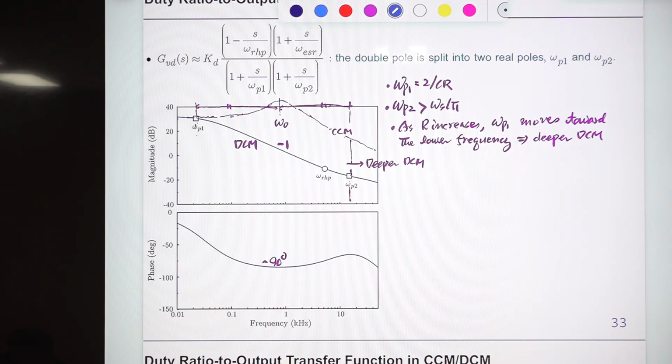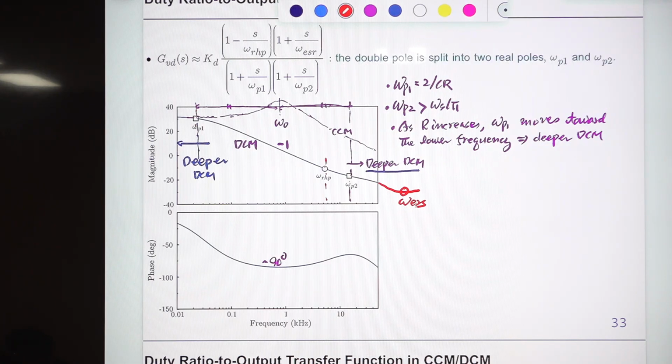If the converter moves to deeper DCM, that means R is increased further, then omega P1 goes to a lower frequency. In deeper DCM, it will go in this direction, and there will be the ESR zero, maybe somewhere here, with omega ESR coming later and the RHP zero, omega RHP, coming first.